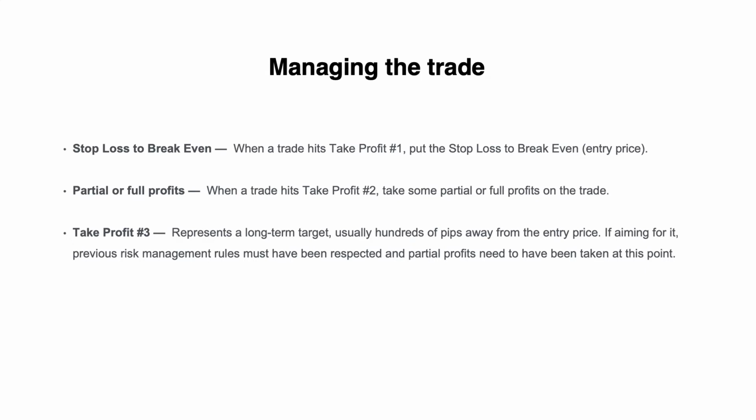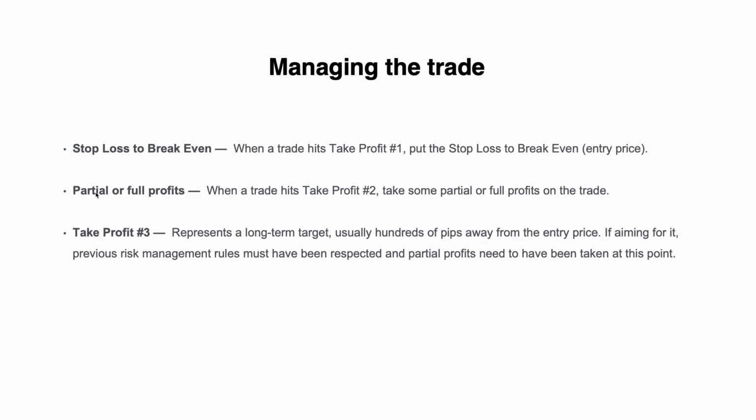At this moment, you will be risk free. So if, for the second position, price aims towards TP number two, and boom, it reaches back to your entry price, it stops you out at break even, and you'll lose nothing because you were risk free.